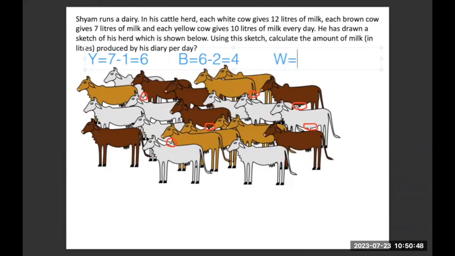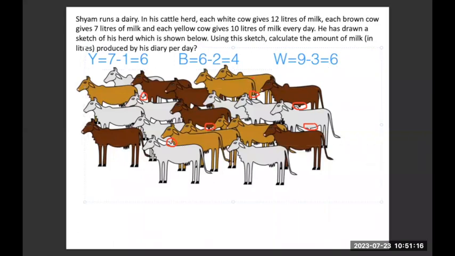White cows are how many? 1, 2, 3, 4, 5, 6, 7, 8, 9. 9 minus 1, 2, and 3. 3 are males. So 9 minus 3 is 6. So what I know is there are 6 yellow cows which will be giving milk, there are 4 brown cows which will be giving milk, and there are 6 white cows which will be giving milk.